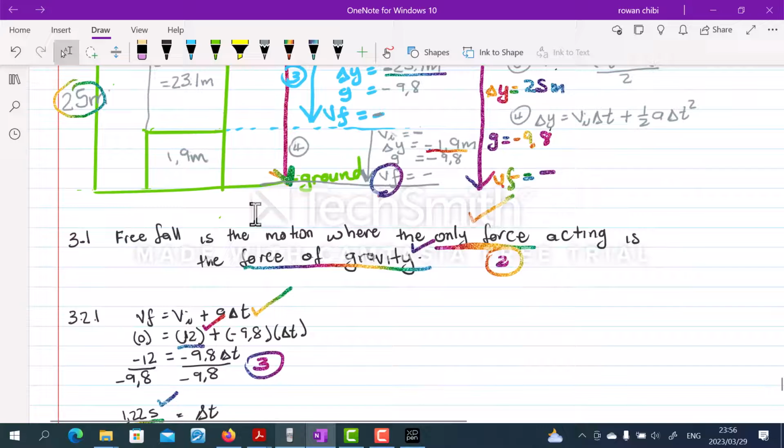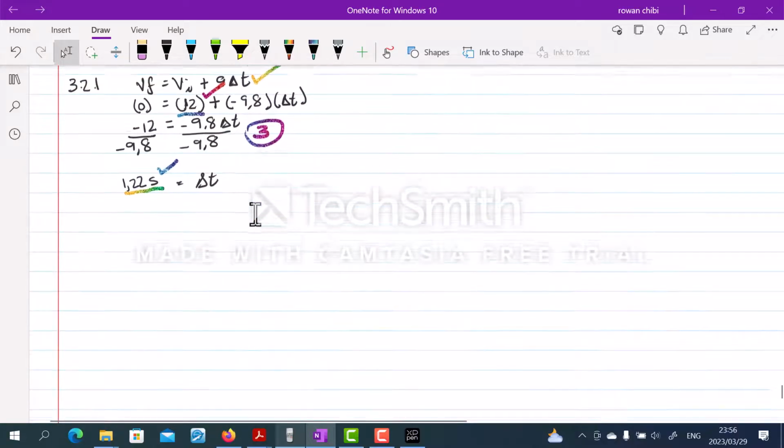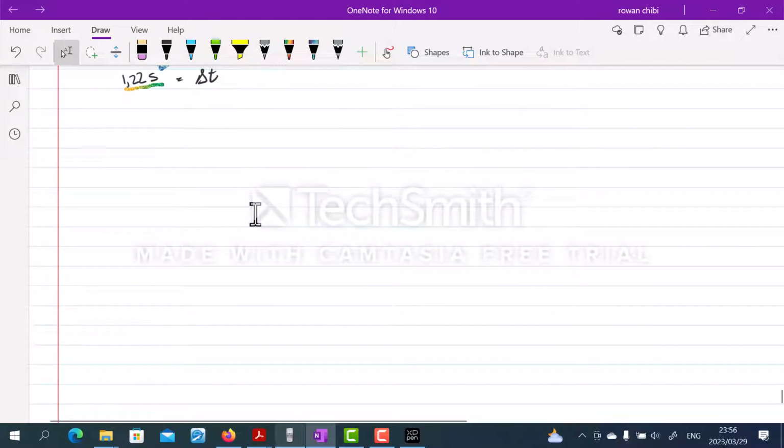So for 3.2.2, v final squared is equal to v initial squared plus 2a delta y.